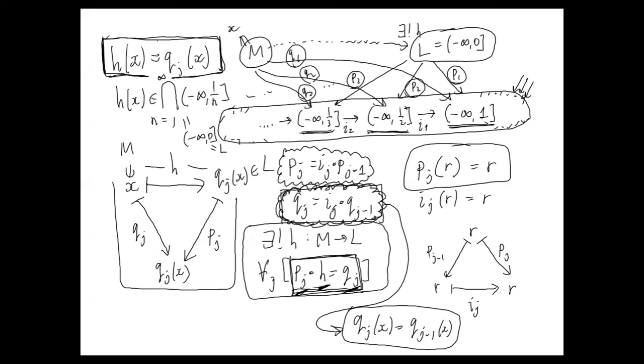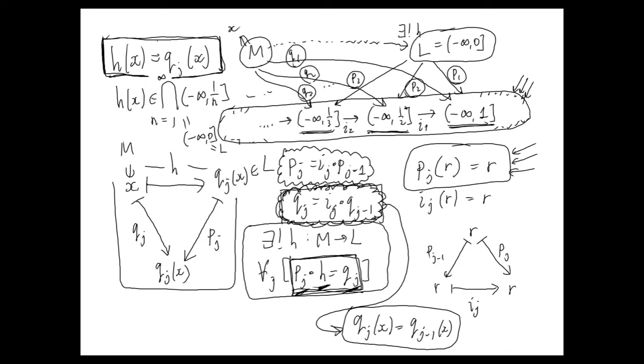And now how do we know that Pj composed with h equals Qj? Well, Pj just maps anything to itself. Remember, that's how we defined Pj.